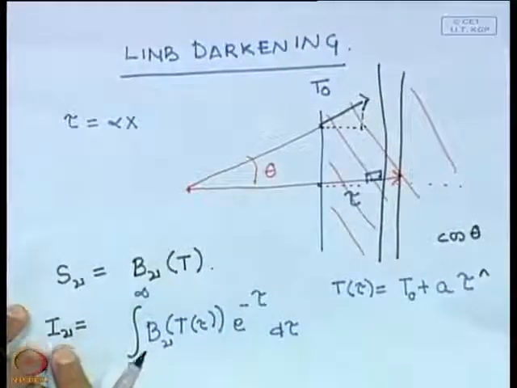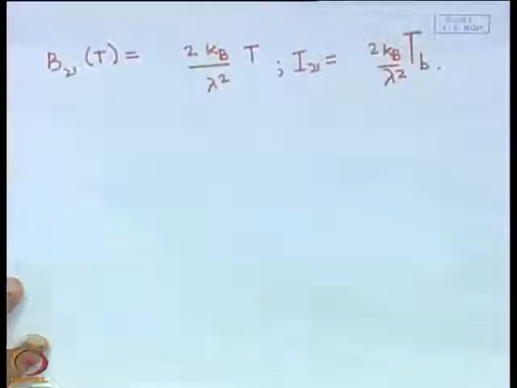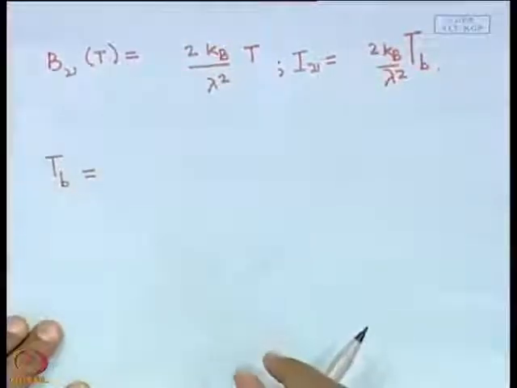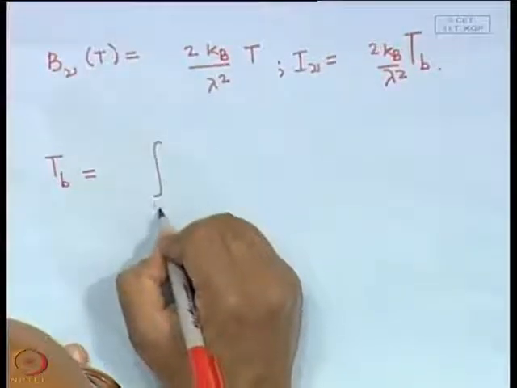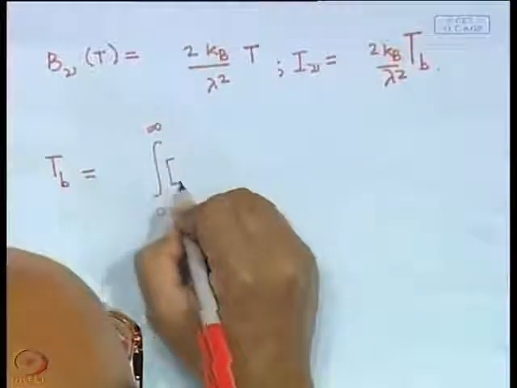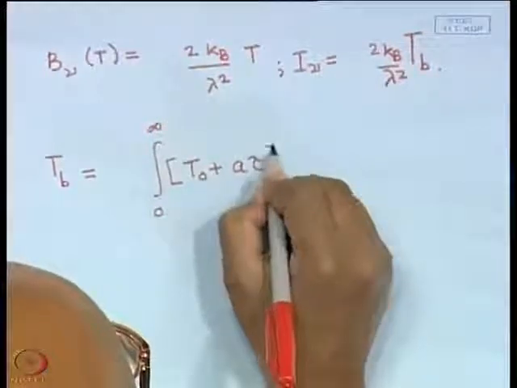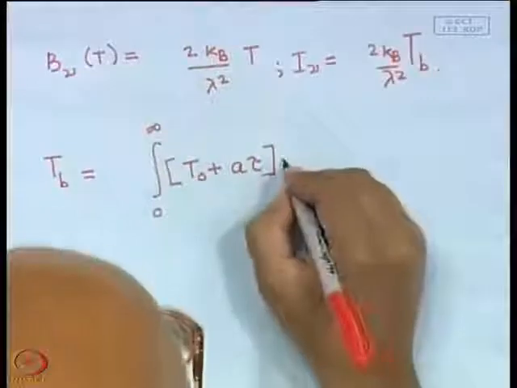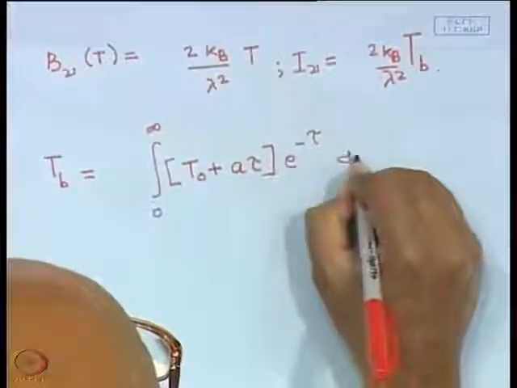Just get rid of the factor of 2 Boltzmann constant by lambda square, and we have that the brightness temperature over there is equal to the integral from 0 to infinity of T0 plus a tau, that is the temperature of the source at the corresponding point, into e to the power minus tau d tau.